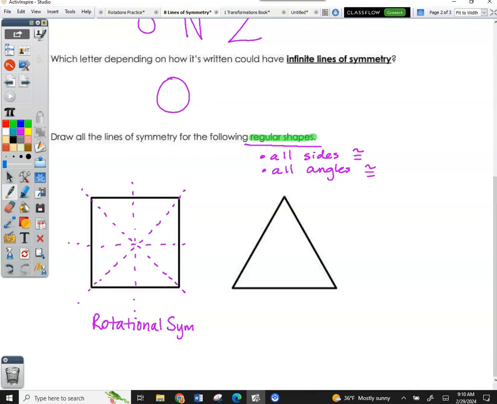What's the smallest degree of rotational symmetry? 90. And how do we get the 90? There's 4 sides. We're going to do 360 divided by 4, and that gives us the 90, which is our starting point for rotational symmetry. So there's 90. How do I get the next number?